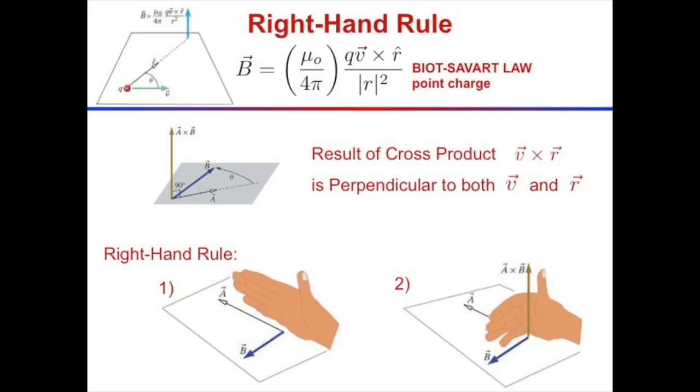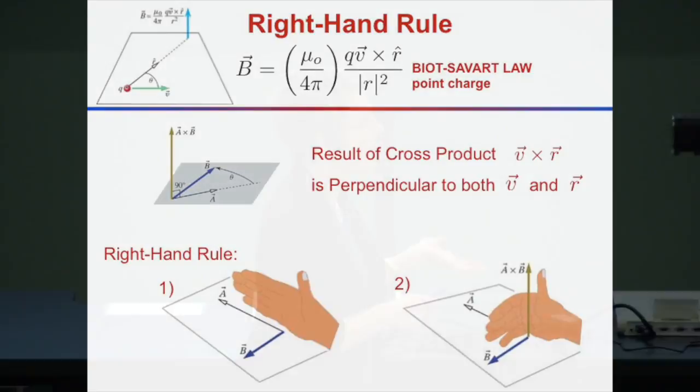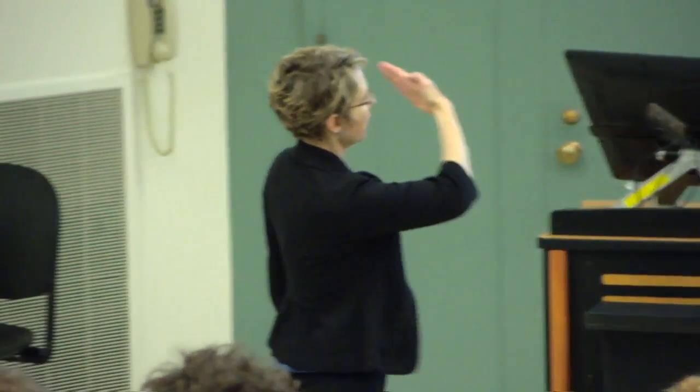So here's how you apply the right-hand rule. You're going to have two vectors, and you need to take the cross product. I need the cross product of V cross R hat in this case. I've written V cross R hat because I just need the direction. The result of the cross product is always perpendicular to V and R. So if I need to take A cross B, for example, I'll first point my fingers along the direction of A, which in this diagram is back that way, and then leave my hand there.